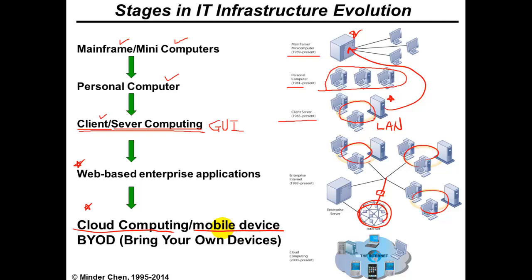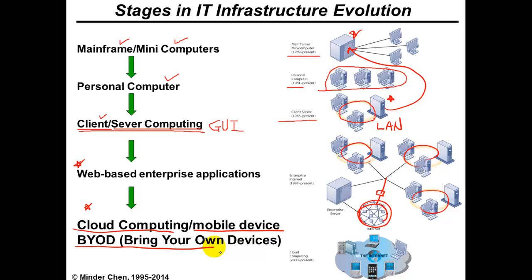So we pushed a lot of computing resources to the server, to network storage devices, to a server across the network, across the internet, and that's what we refer to as the cloud.